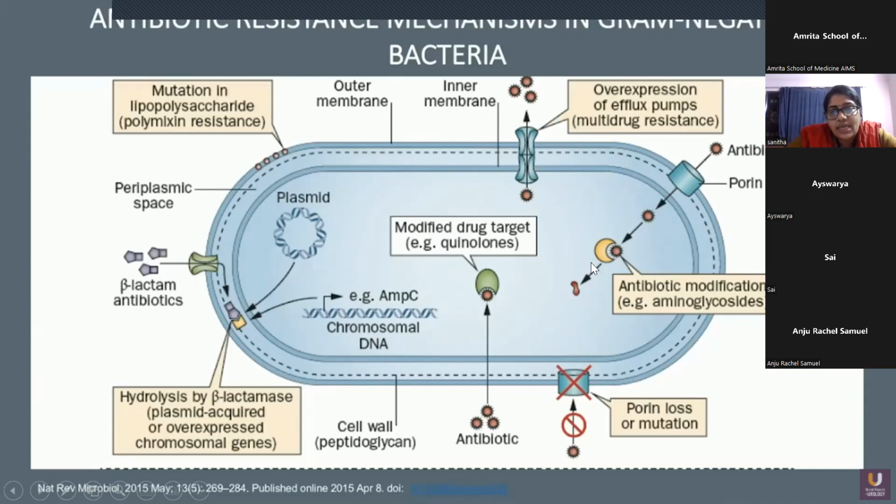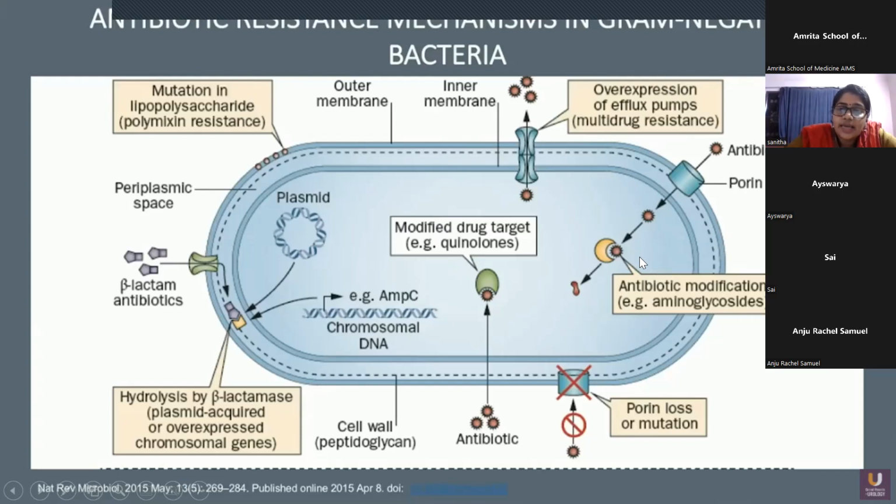So there can be mutations in porin channels, and there could be mutations leading to overexpression of efflux pumps that will lead to the spitting out of antibiotic from the bacterial cytoplasm, and there can be expression of enzymes that will destroy the antibiotic.